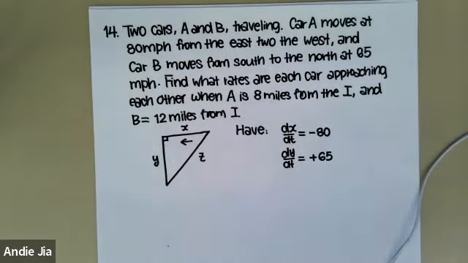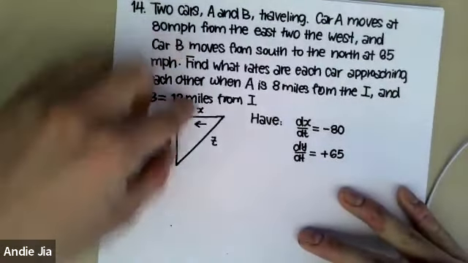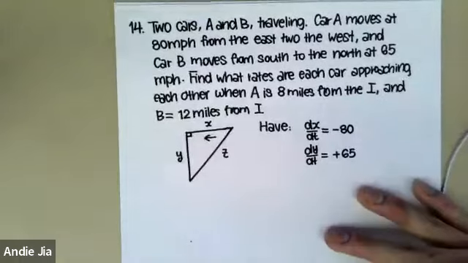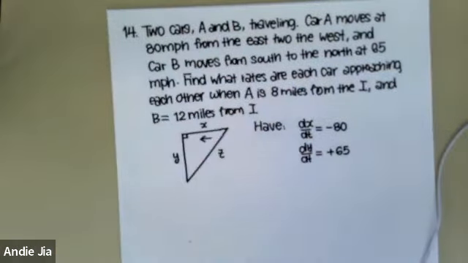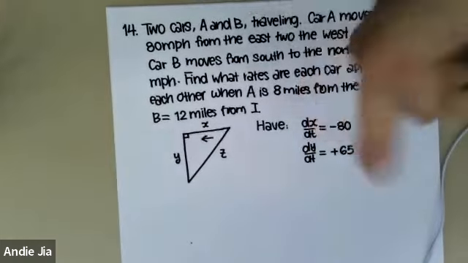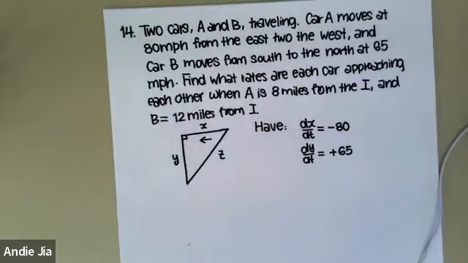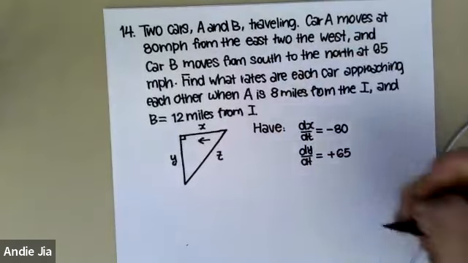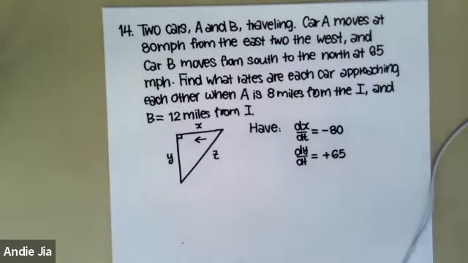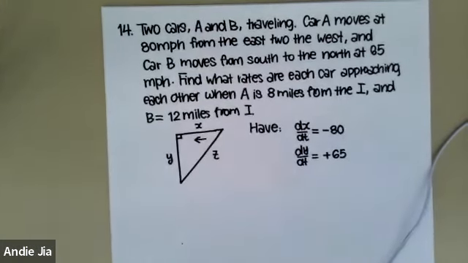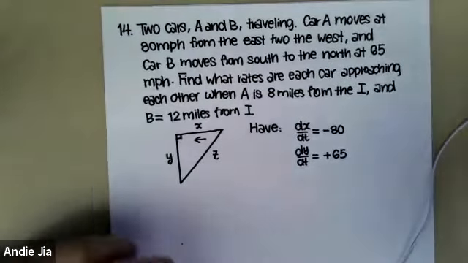When it's in a triangle like this, moving upward or forward is positive. Moving left or backward is negative.